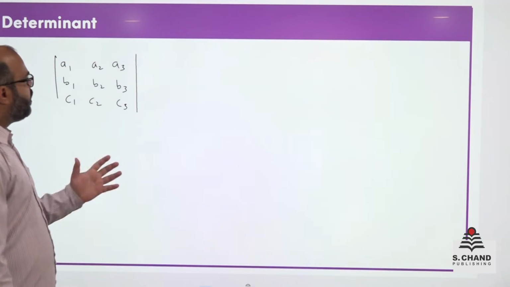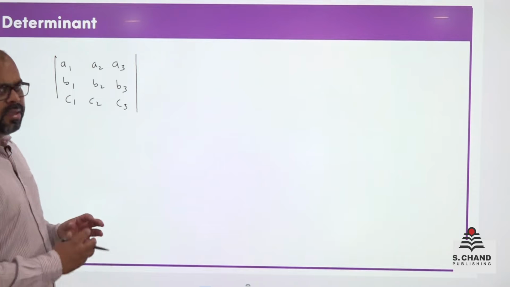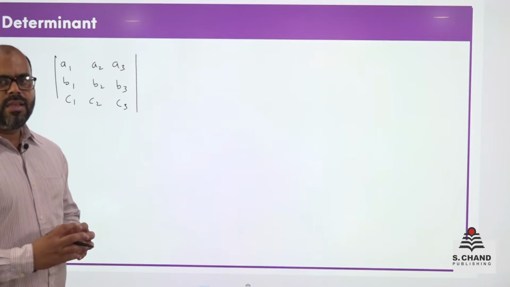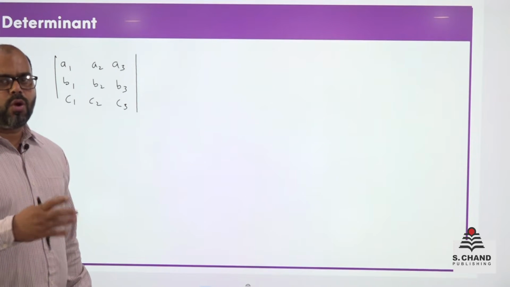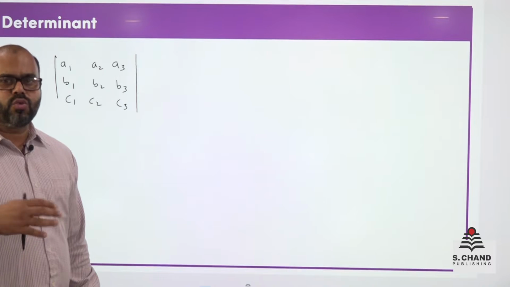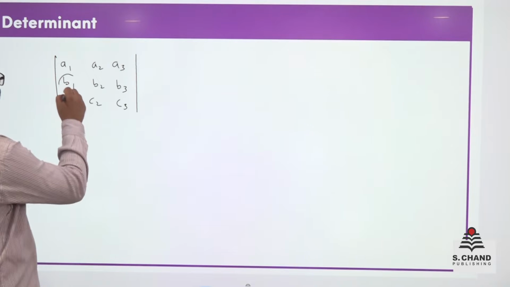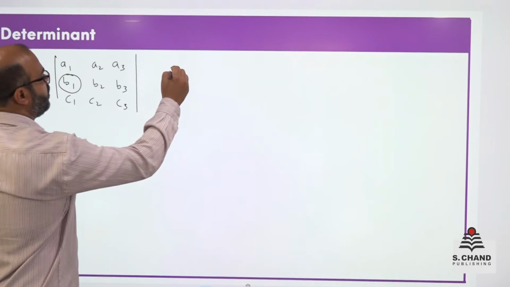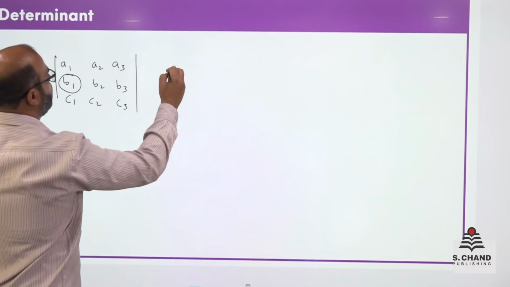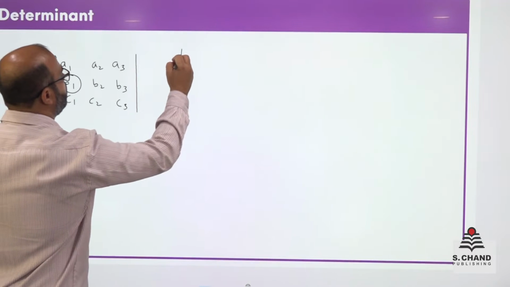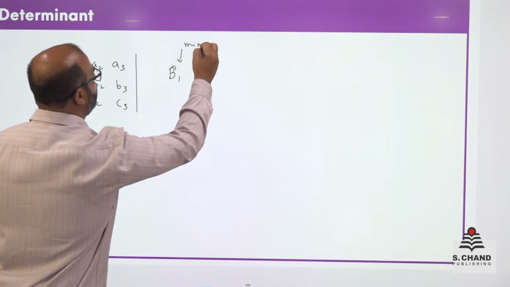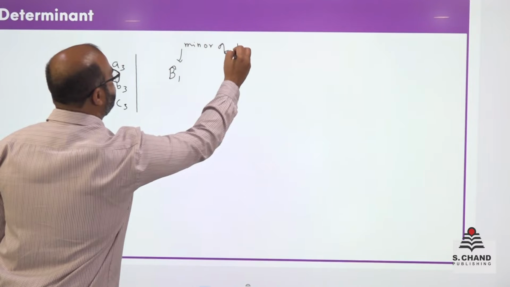So here the minors are obtained by taking any element and eliminating its row and column; the remaining elements form a 2 cross 2 determinant, the value of which will be the minor. For example, B1. What is the minor of B1? Let us call it capital B1. This is the minor of small b1.